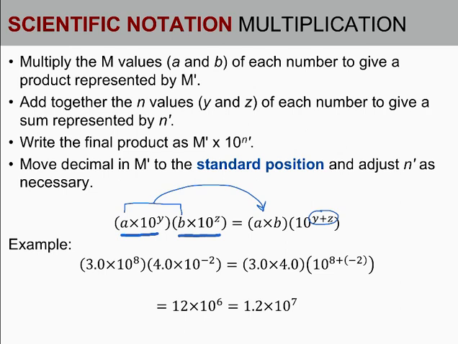Now, as an example problem, let's say that we're multiplying 3 times 10 to the 8th by 4 times 10 to the negative 2. Again, we're going to multiply the coefficients together, so 3 times 4.